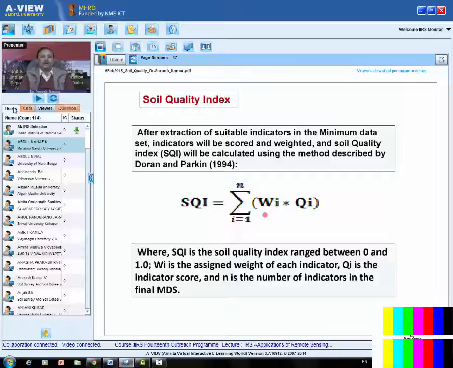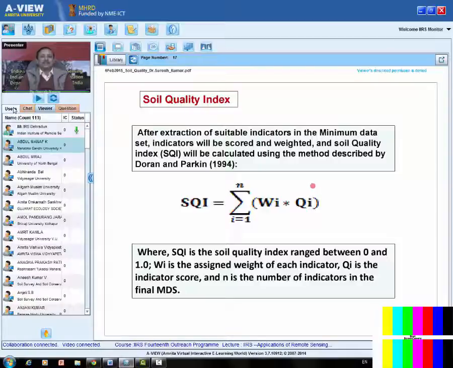Like that we give the weightage, and weightage is given on a scale of 0 to 1. Then Q is the score value, the indicator scores, and we give the score in relation with the optimum. For example, the good pH is 7.0.